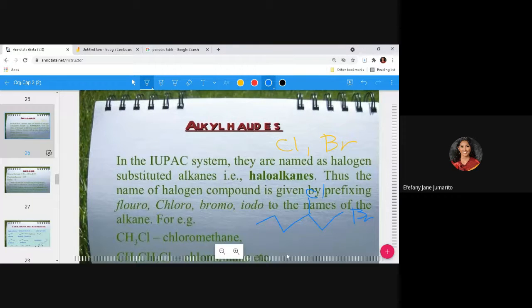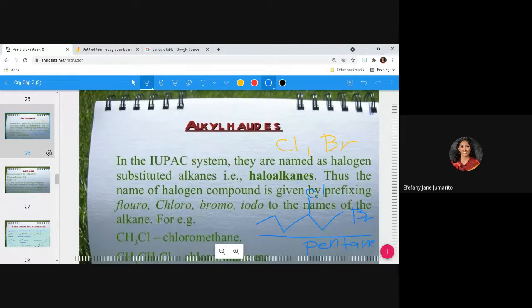How would you name that one? What's the name of this, class? The parent chain: 1, 2, 3, 4, 5. It's a pentane.